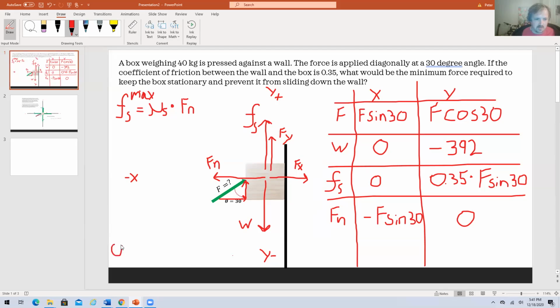is 0 is going to equal f cosine 30 plus f sine 30 minus 392.